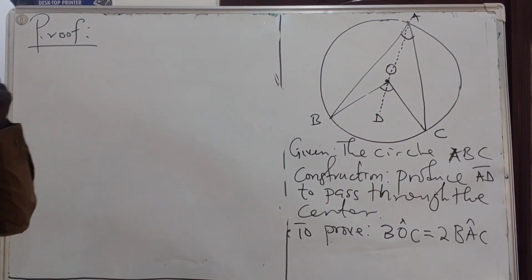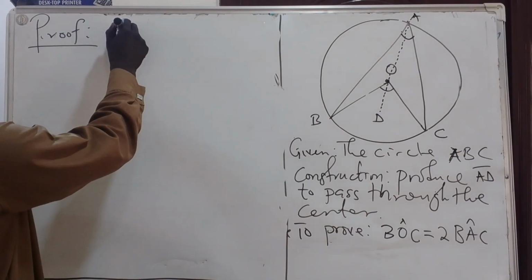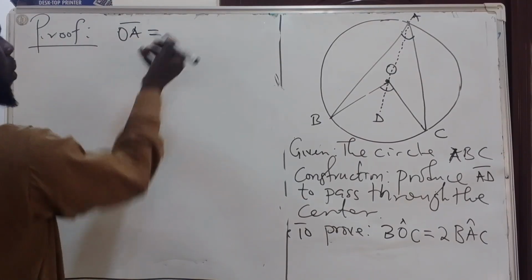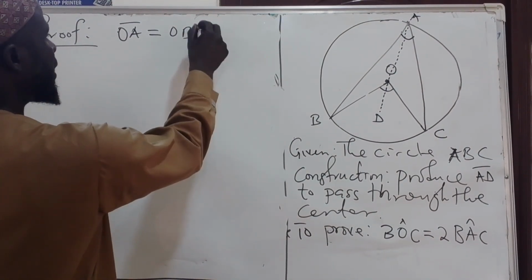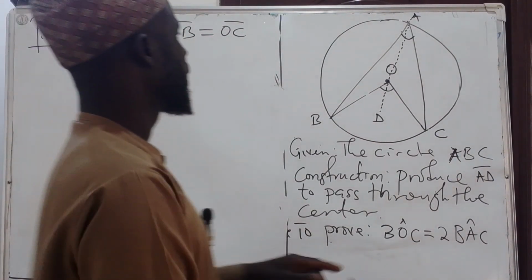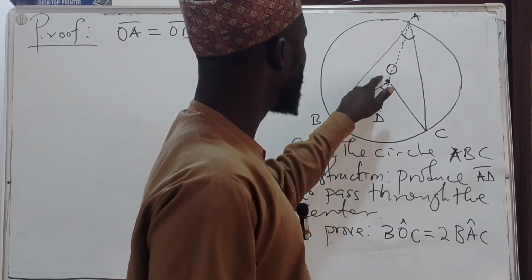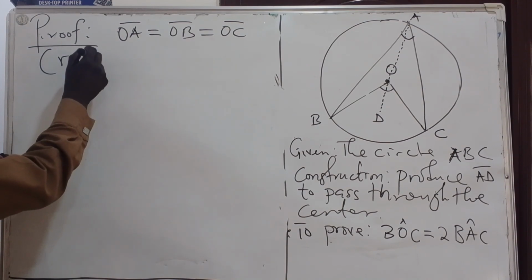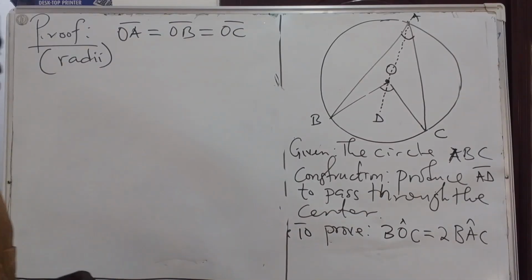Now observe that line OA is equal to line OB, and that is equal to line OC. What is the reason? The reason is that they are radii. This is the plural of radius.